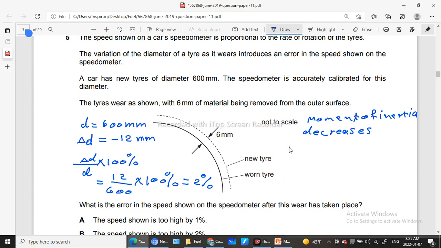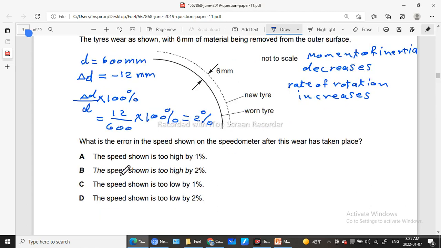So the rate of rotation increases. So the speedometer reading increases. So the speed shown is too high by 2%.